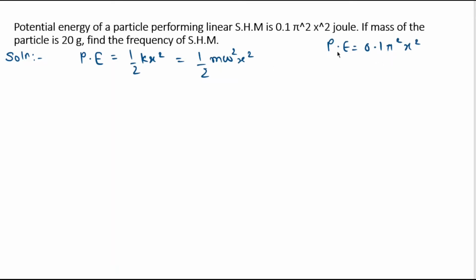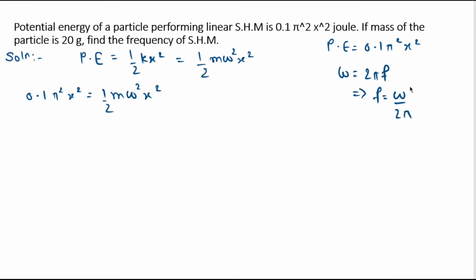So putting this value on left hand side, we can say that 0.1 pi square x square is equal to 1 by 2 m omega square x square. So in order to calculate the frequency, if you calculate the omega, we can easily find out frequency. That is, we know omega is equal to 2 pi f, which implies f is equal to omega upon 2 pi. So let's calculate omega from here.